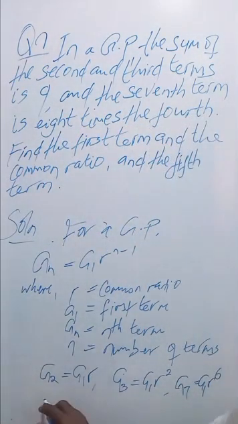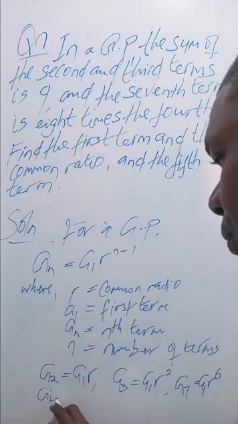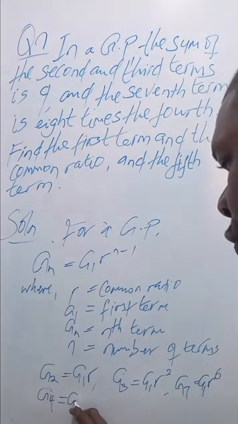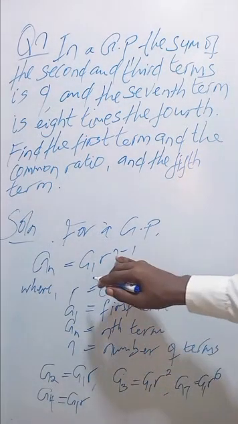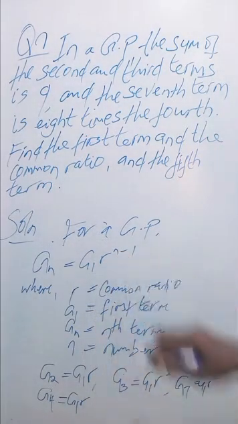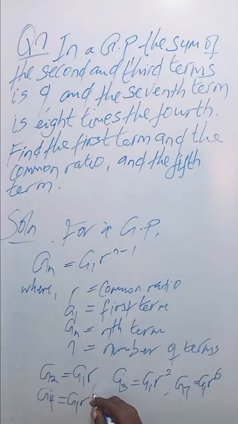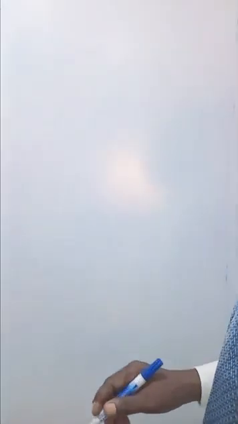G4 will be equal to G1 R, put here 4 minus 1, which is R raised to power 3. So from the given question, having written down this information, now what does the question want us to do?